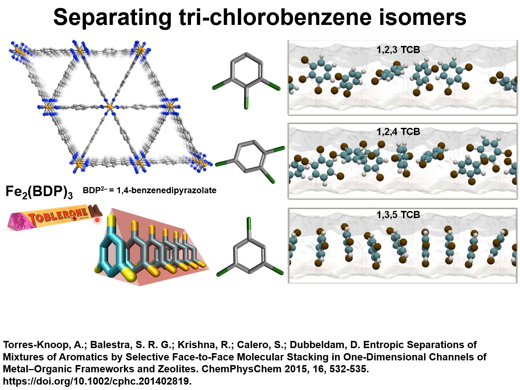Therefore, these Toblerone-shaped channel structures may be employed to selectively adsorb 1,3,5 isomer from a mixture with 1,2,3 and 1,2,4 TCBs.